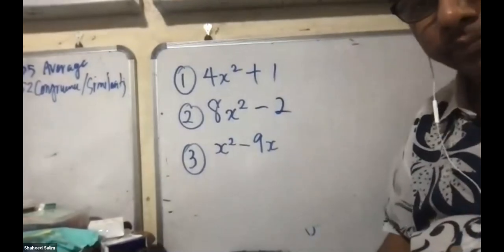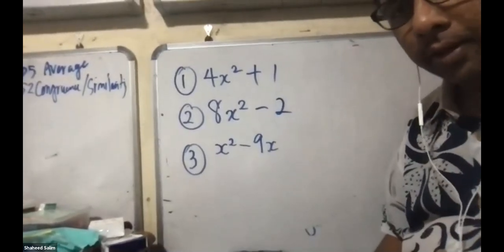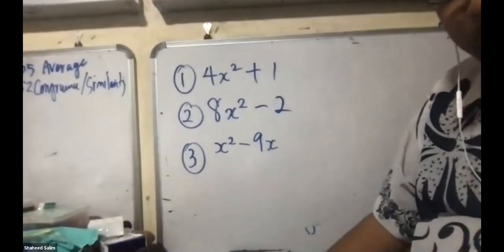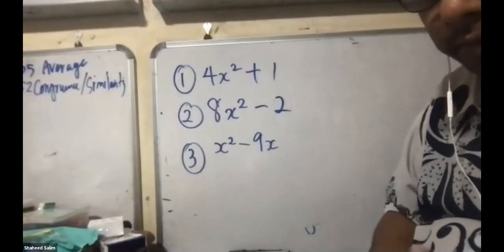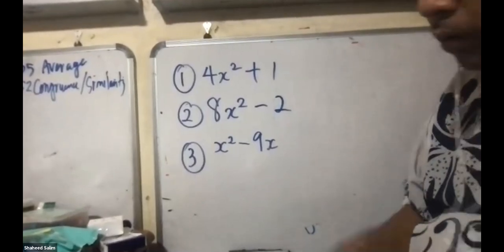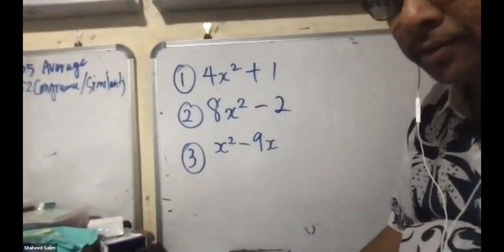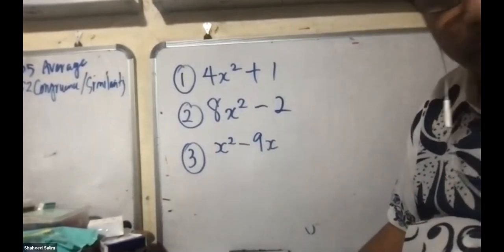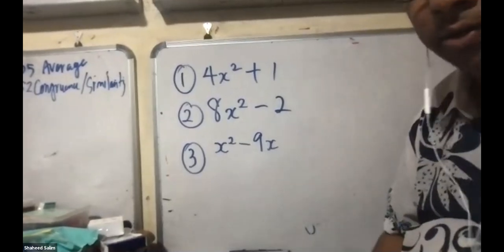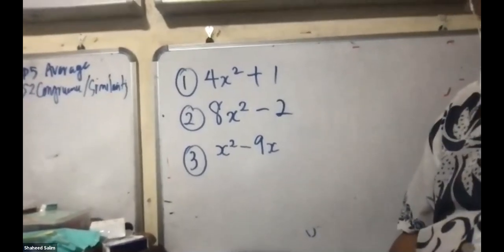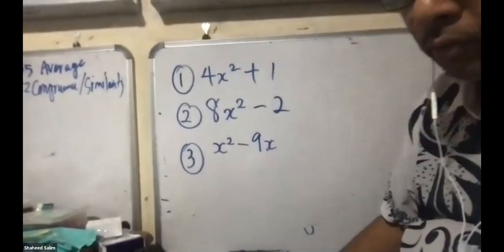We will all go through in 1 to 2 minutes. We want to factorize this. Can it be factorized? That's the question. If you can, please factorize it. If you cannot, just say cannot, no problem. And one of them cannot, 2 can.